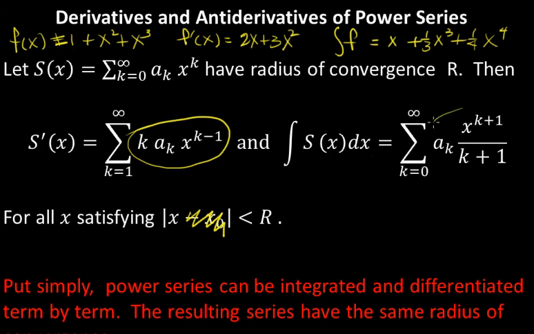And you can integrate this series by integrating term by term. Look, this was x to the k, and so it is a sub k over k plus 1 times x to the k plus 1. The series was a sub k x to the k, differentiating gives k a sub k x to the k minus 1. You can integrate and differentiate power series term by term.